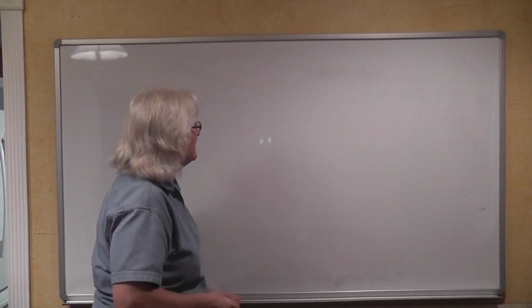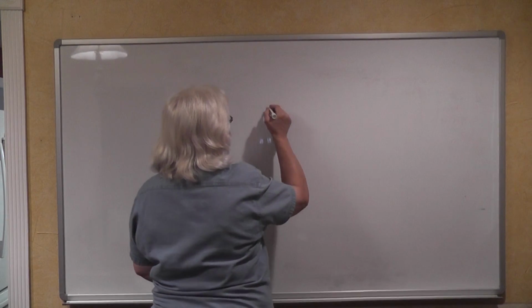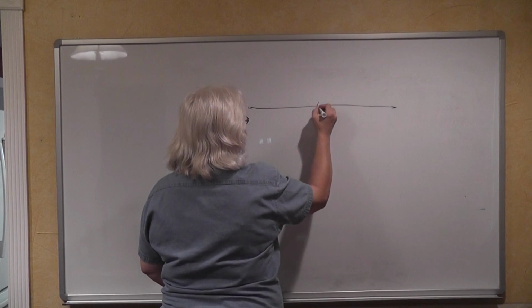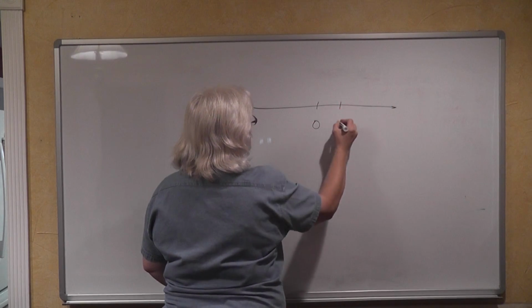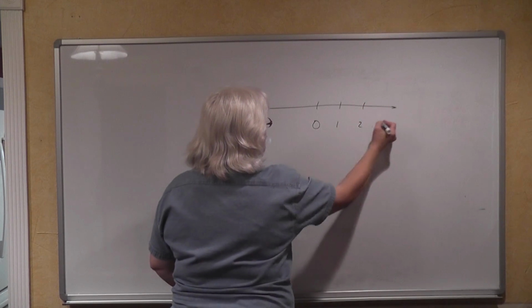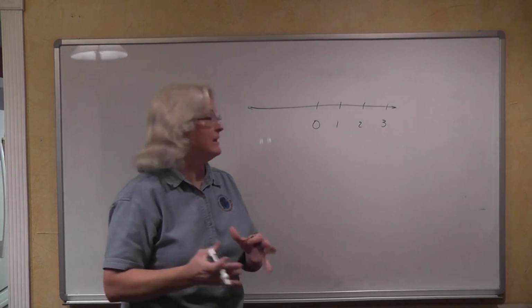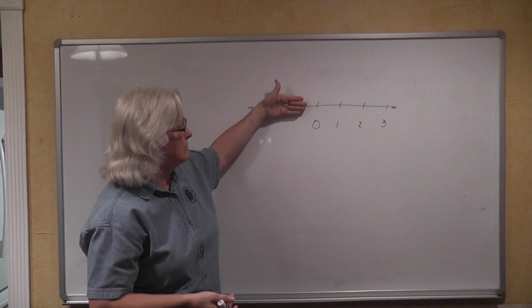Okay, section 4.2 is adding integers. I said just a moment ago that integers are composed of the whole numbers and their opposites. If we were to write the whole numbers on a number line, we would only begin with 0.